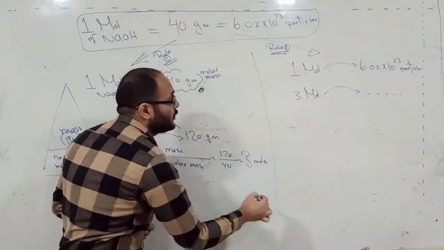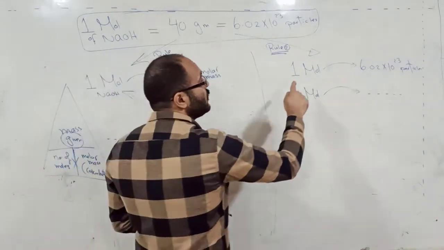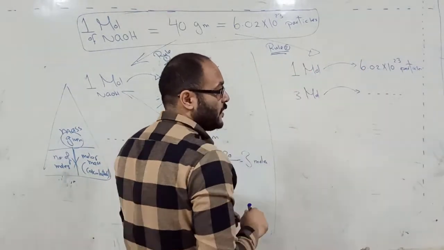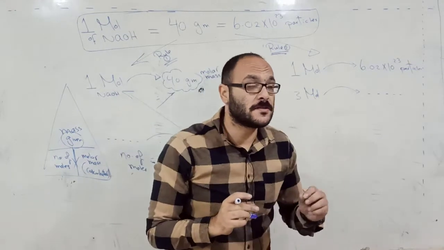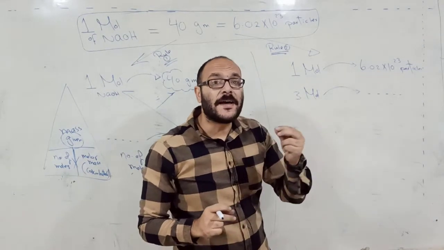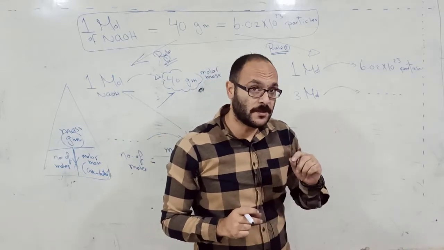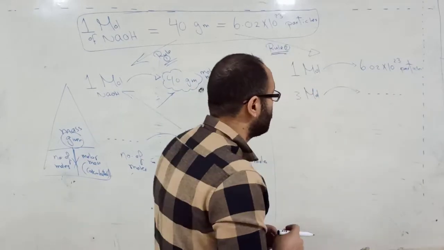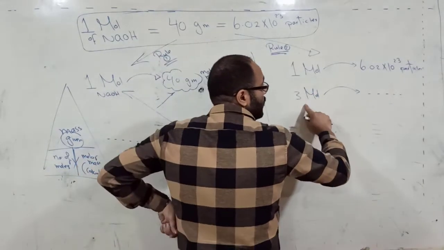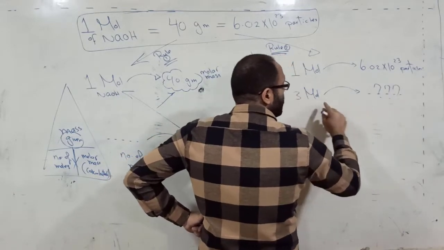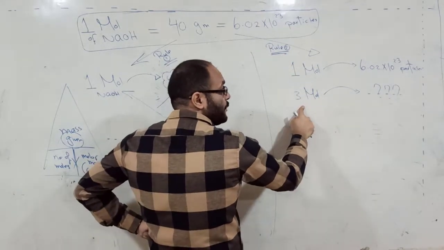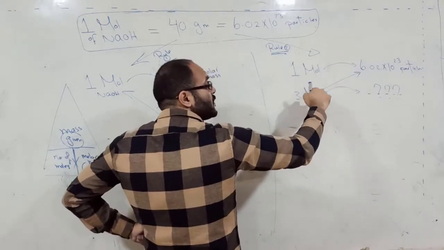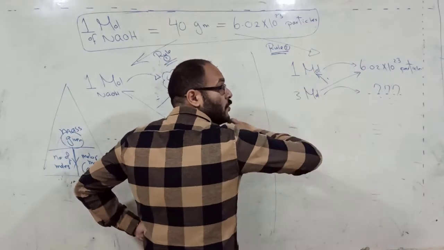Let's move to the second rule. You know also that 1 mole equals 6.02 times 10 to the power 23. By the way, scientists called this number Avogadro's number, to honor Avogadro. For 3 mole, how many particles are in 3 mole? You will make 3 times 6.02 times 10 to the power 23 divided by 1 mole.